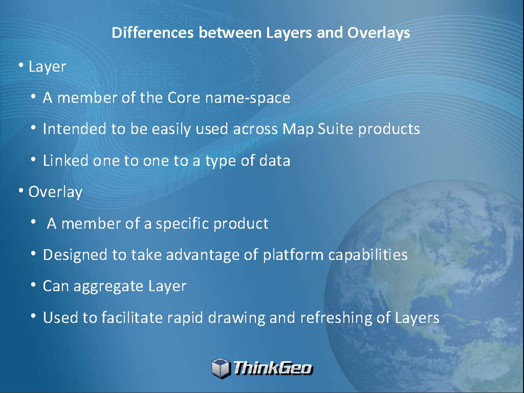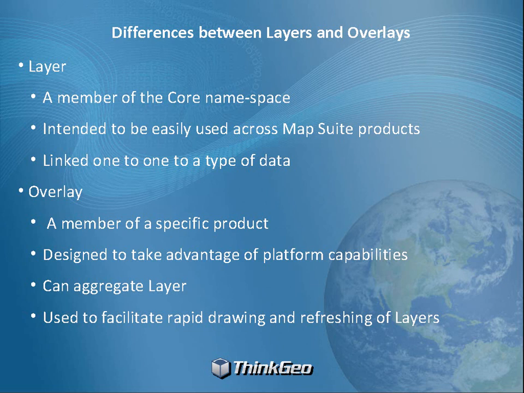And overlays are also used in our different products to facilitate rapid drawing and refreshing of layers. The rapid drawing alludes to the caching, and we've done quite a bit of work on caching of overlays for the desktop and the web, but you can also refresh by overlay.